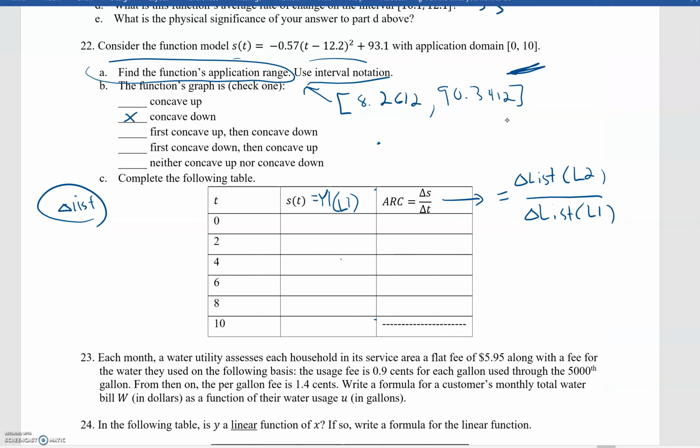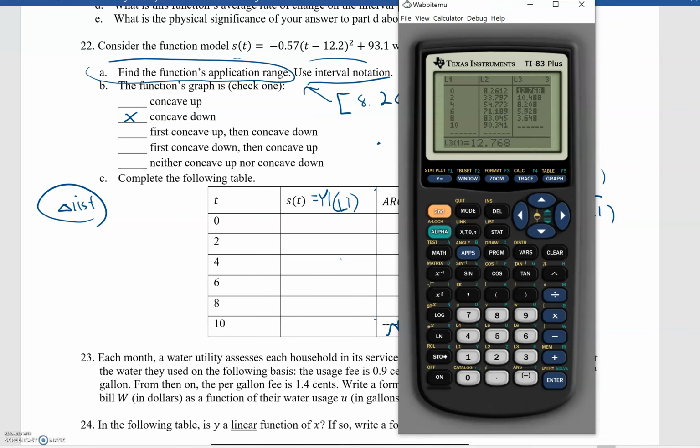That's intended, so you see it's blanked out here as well, because we'll always have one fewer average rate of change than we will numbers here. We have one arc for this interval, one arc for this interval, one arc for this interval, and one arc for this interval. Okay, and there's your answers.